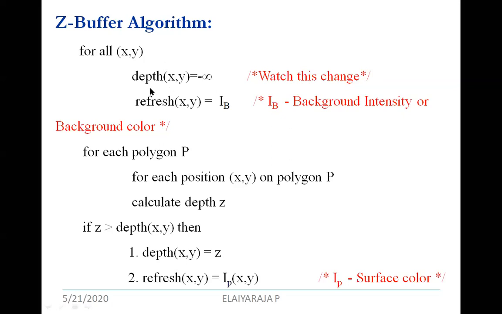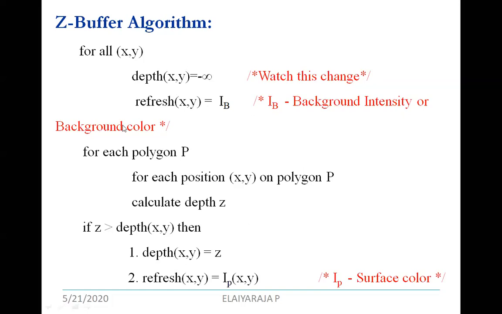Initially my depth value of pixels is infinity, because I don't know the maximum depth value. Then for the refresh buffer x, y, once the pixel is processed and the depth value is stored, I have to write the intensity. How do you do the intensity? You just fill the color for the particular current pixel.